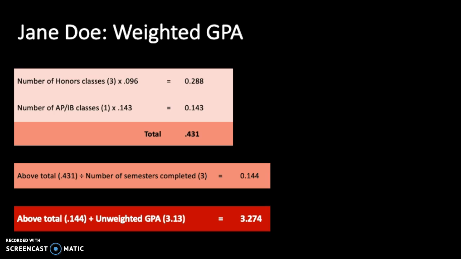Together, the sum of these two figures is 0.431. Next, we divide 0.431 by the number of semesters Jane has completed in high school, which is 3. Finally, we add this number to her unweighted GPA in order to calculate her weighted GPA.